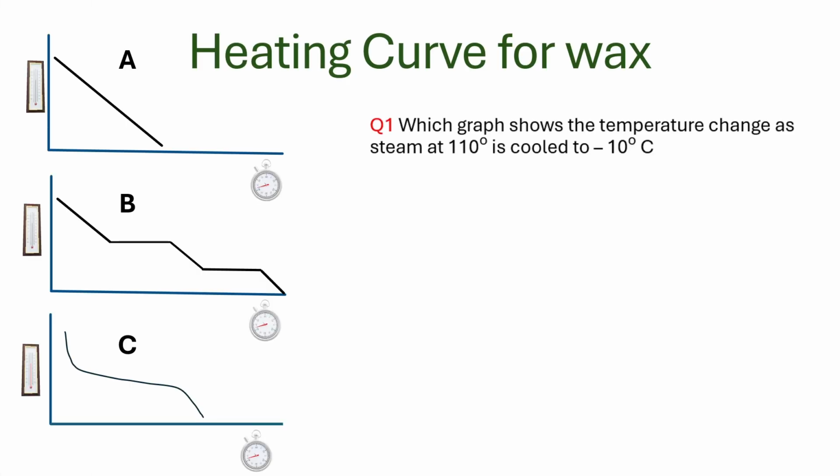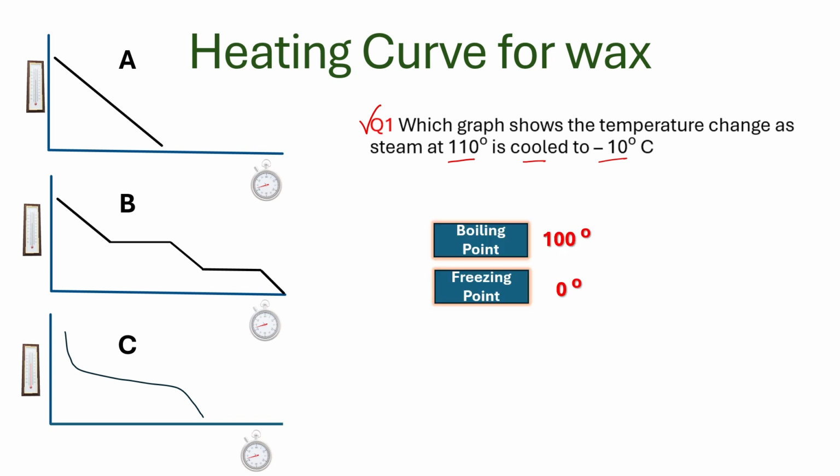Now we have question number 3. Which graph shows the temperature change as steam at 110 degrees centigrade is cooled to minus 10 degrees centigrade? Now as we proceed, we know that the boiling point of water is 100 degrees centigrade and its freezing point is 0 degrees centigrade.